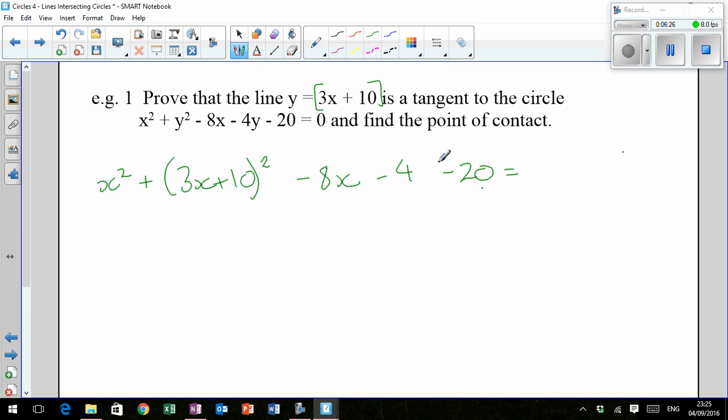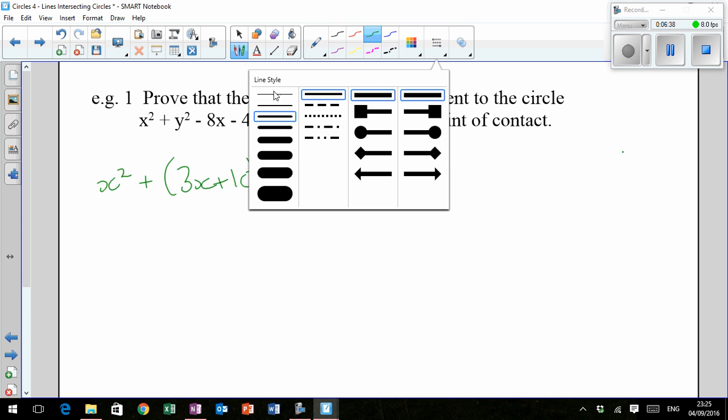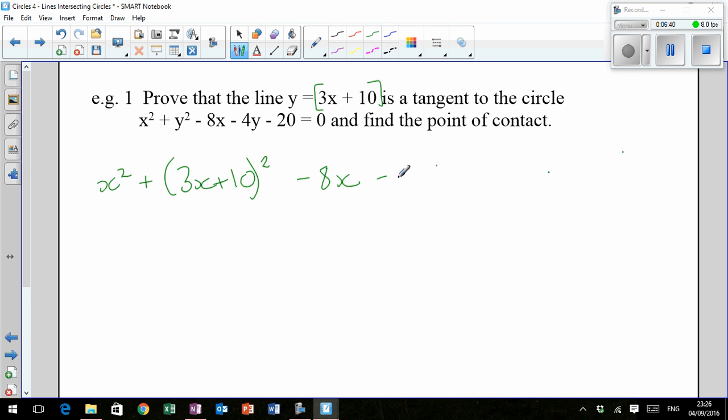I'm taking that out and putting in 3x plus 10. Sorry, I messed that up. I'm just going to go back there and start that again. Apologies. So it was minus 4y, but the y we're going to replace with 3x plus 10. And then we're subtracting 20 equals 0.